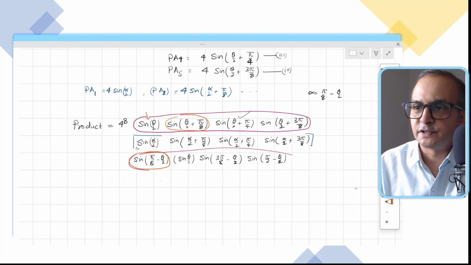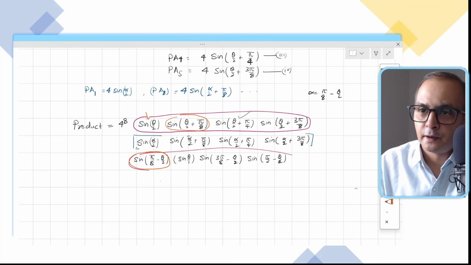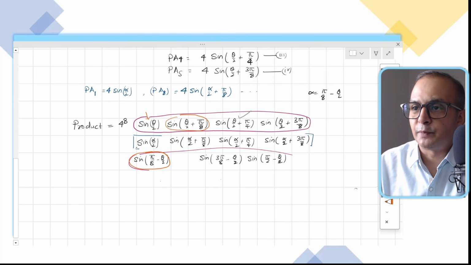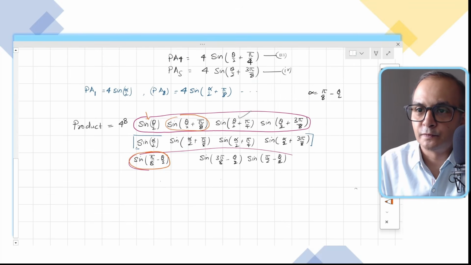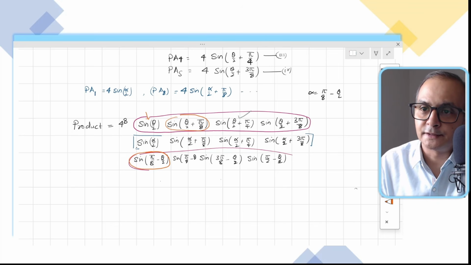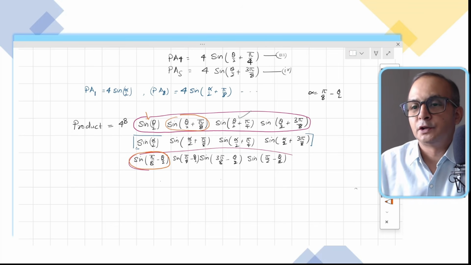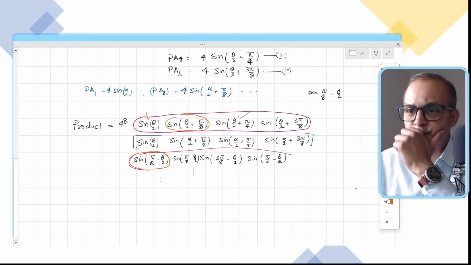By the way, there is one mistake here. I am substituting this alpha by 2 with alpha equal to pi by 8 minus theta by 2 here, so that will become pi by 8 plus pi by 8, pi by 4. So sine of pi by 4 minus theta by 2. So that will be now a little bit better.